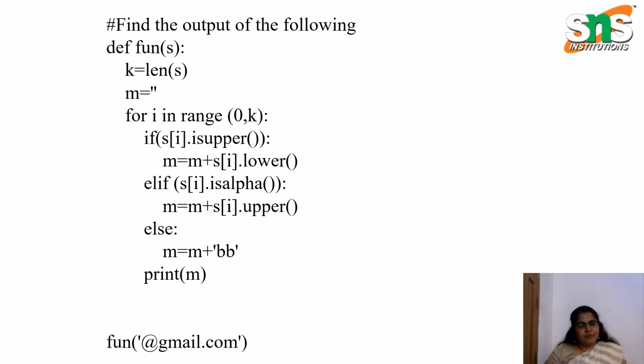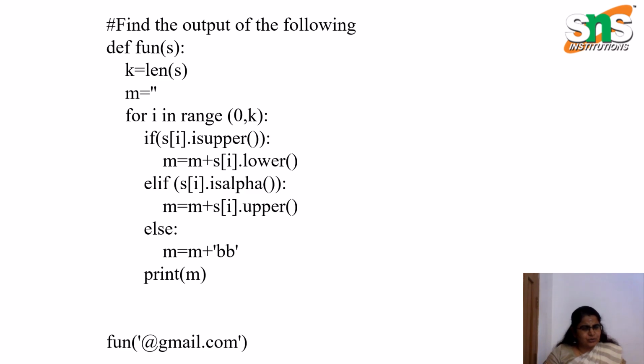And the next program, find the output of the following program. I'm going to define a function named fun and pass one parameter s, and I'm going to find the length of the parameter s, so k is equal to len of s, where m is equal to empty double quotes. For i in range 0 comma k, it starts with 0 and ends with k.